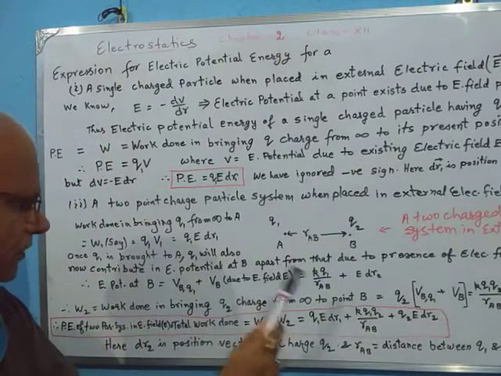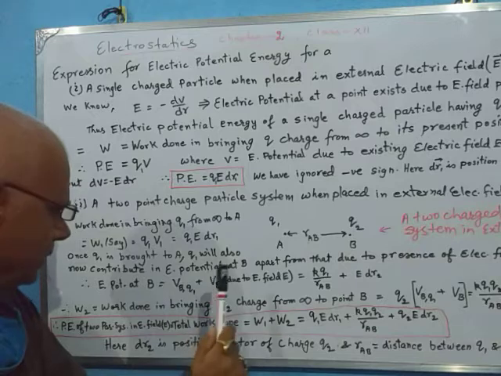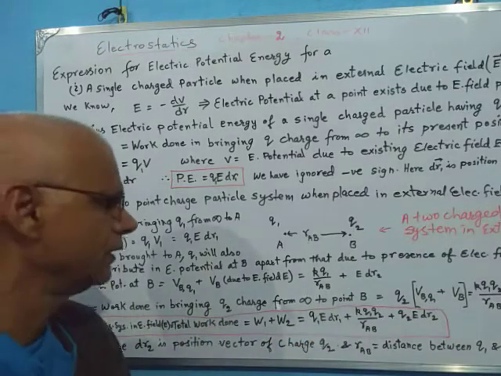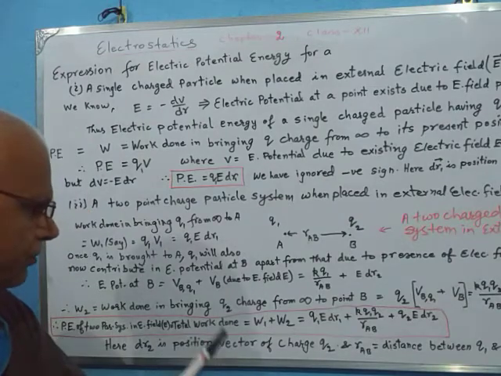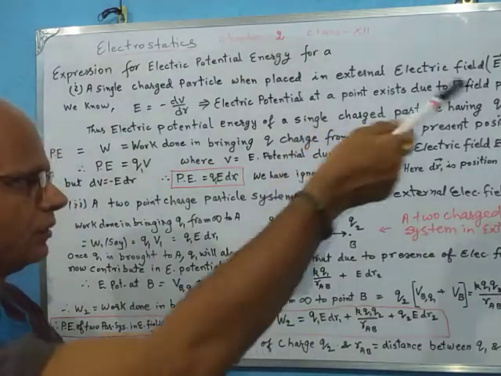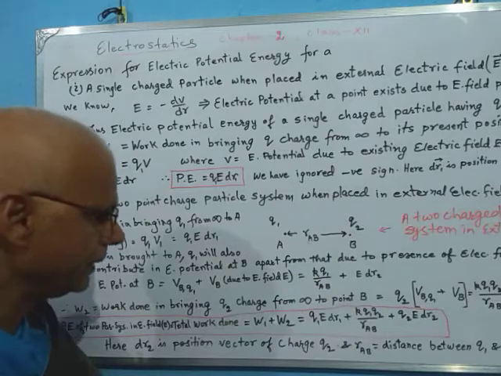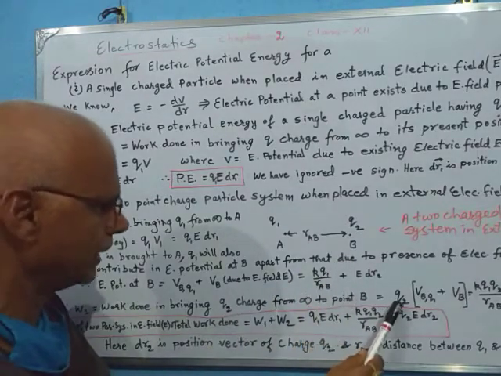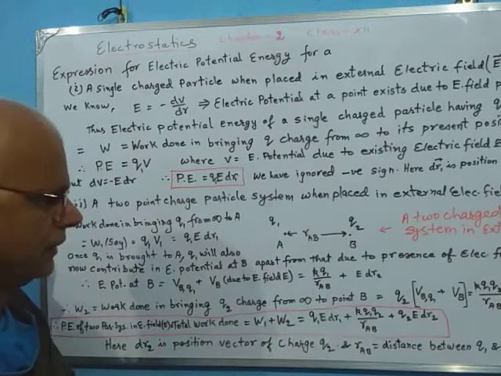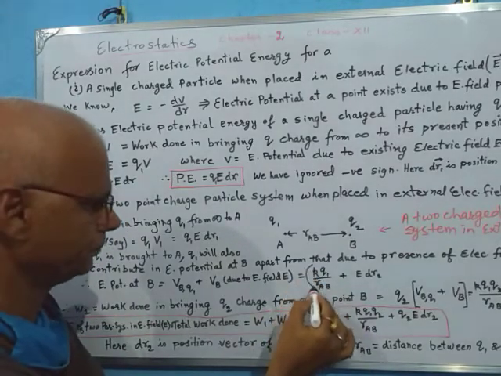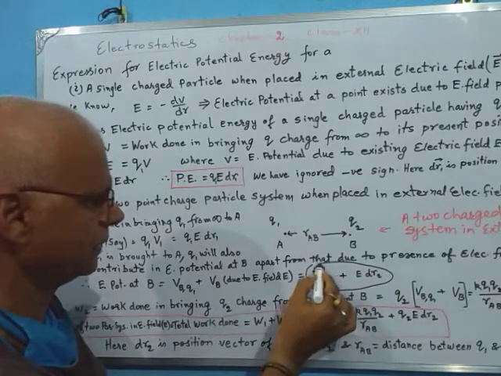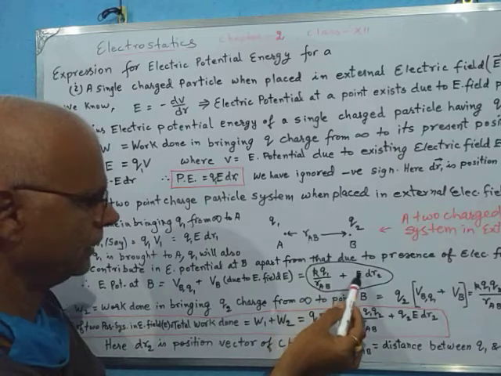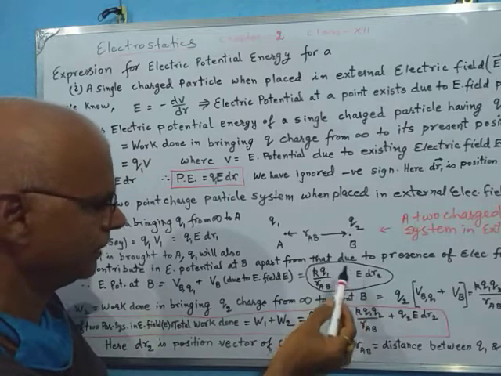Now if this is the potential VB at point B, then the work done in bringing Q2 charge from infinity to its location B is equal to Q2 times the electric potential at point B. This is the total electric potential at point B. One part is contributed by the presence of charge Q1 and another is due to the presence of the electric field.